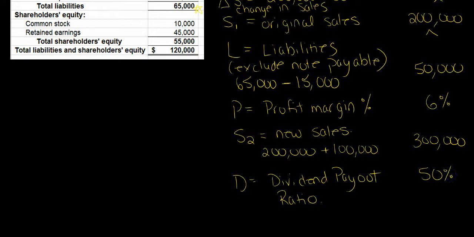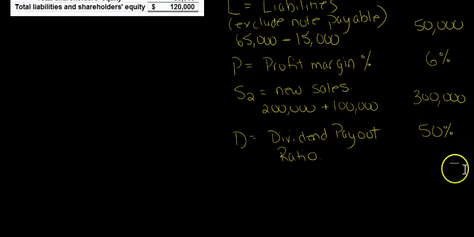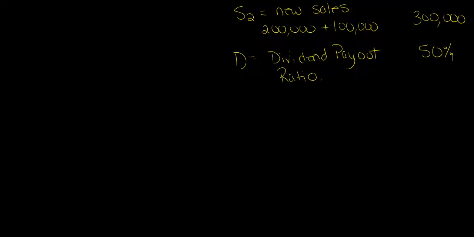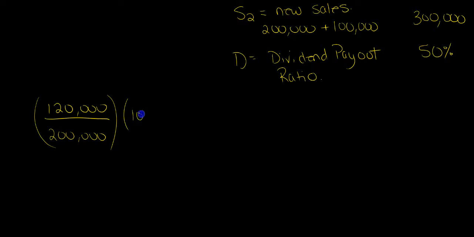So now that I have all the information, I can go ahead and fill this into my formula. Okay, so I'm going to do the A, which I said was 120,000, and divide that by my old sales, which are 200,000, and then multiply that by the change in sales, which is 100,000.